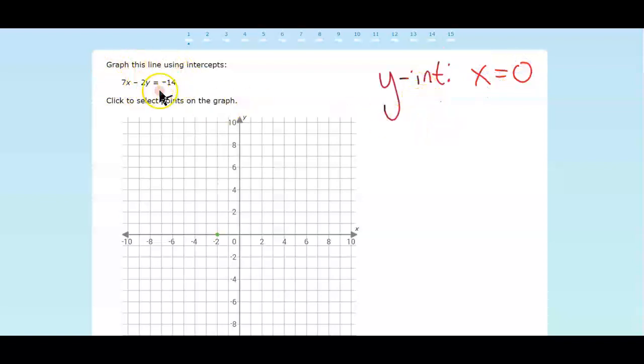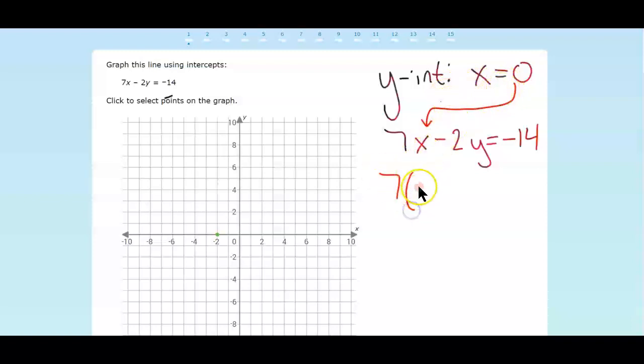So we can take this standard form equation, 7x minus 2y equals -14. And we can use our substitution property, or we can evaluate for x equals 0. We say, what is the y value when x equals 0?